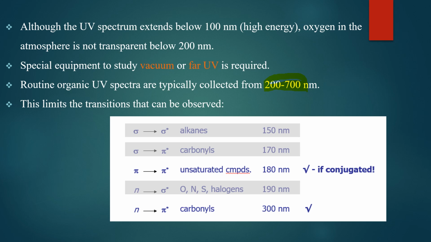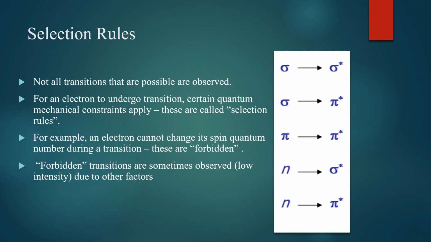But not all of these are possible. They are only possible when following something called selection rules. For an electron to undergo a transition, certain quantum mechanical constraints should be satisfied, and they are called selection rules. When an electron must change its spin quantum number during a transition, that is a forbidden transition.